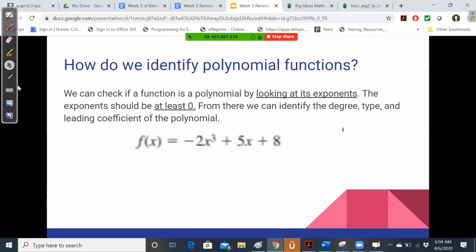And if we look at the 3 right over here, the exponent, the leading one, well, any exponent, because this exponent is bigger than 0, this is a polynomial function.